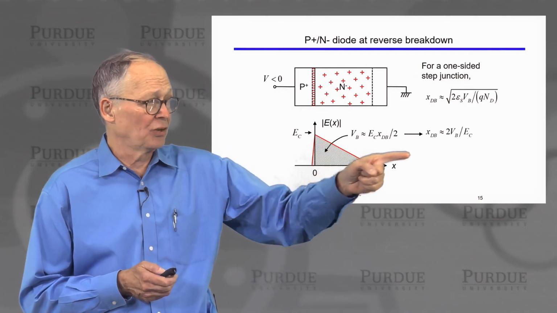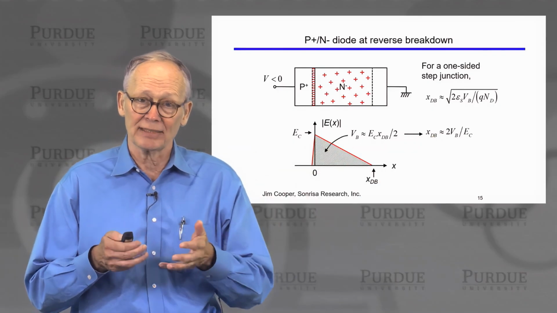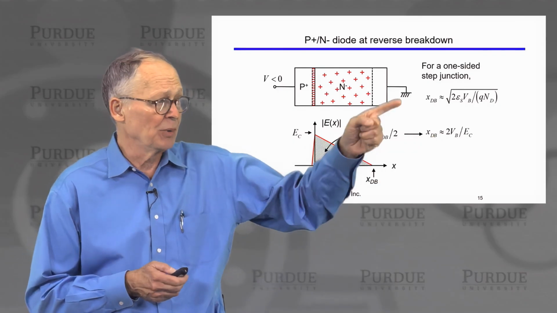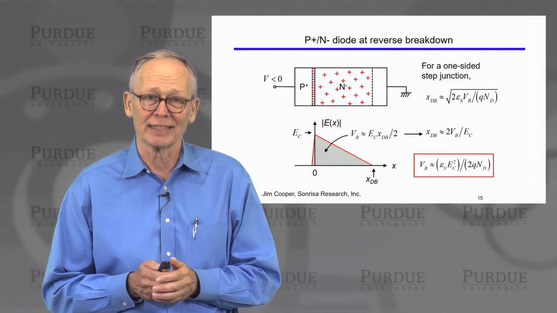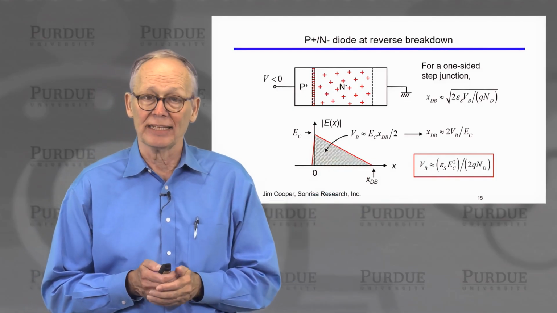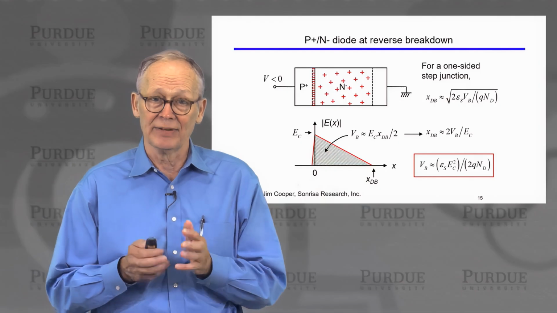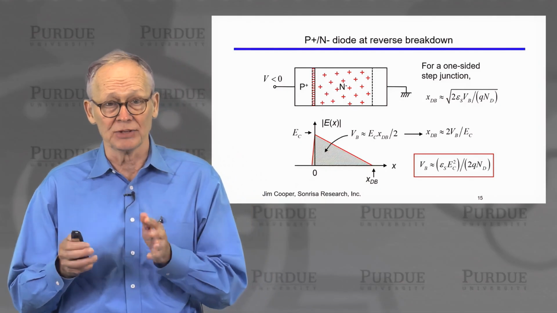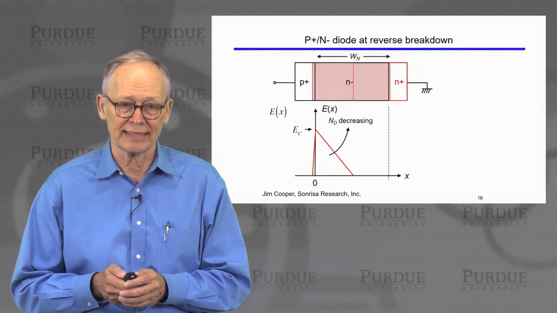Okay, so we can solve for the thickness of the region in terms of the breakdown voltage and the critical field, we can put these two expressions together and we come up with a very interesting expression. The breakdown voltage is proportional to the critical field for avalanche breakdown squared divided by 2Q times the doping density. All right. So simple depletion layer analysis gets us there.